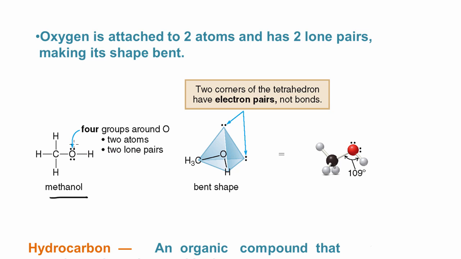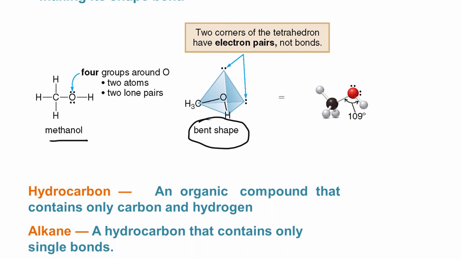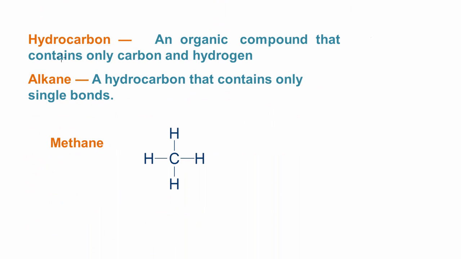Now, there are 4 groups about the oxygen, so its electron pair geometry would be tetrahedral, but its molecular shape, because of those 2 lone pairs, is a bent shape, just like water. And those bond angles are going to be less than the ideal 109.5 degrees.